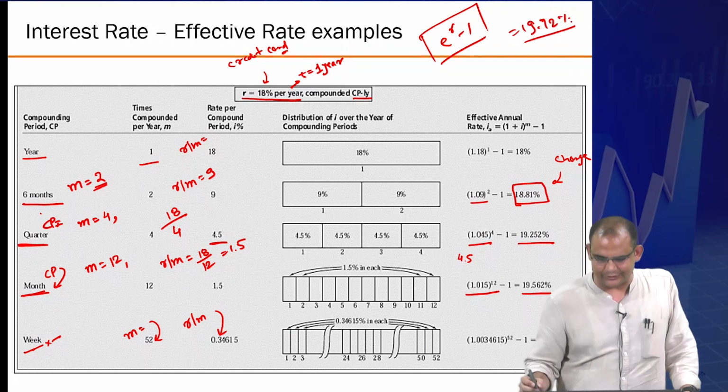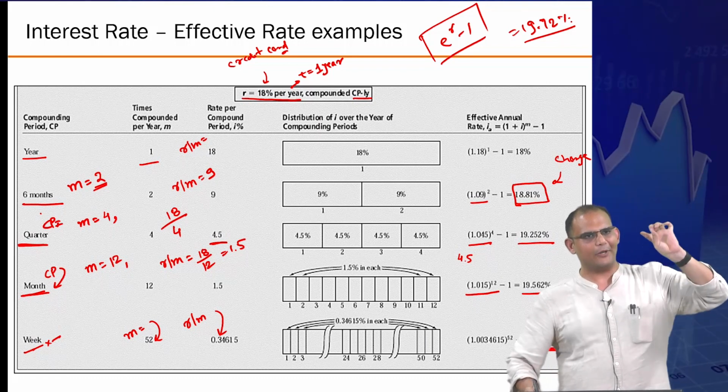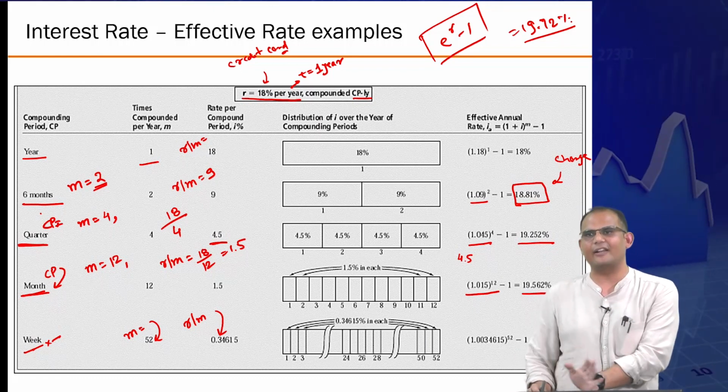Yeah. So you can see the more smaller your compounding period is, your effective interest rate is actually going higher and higher.